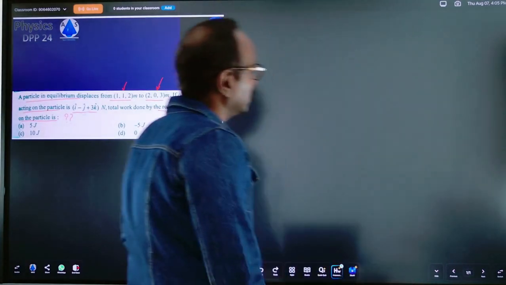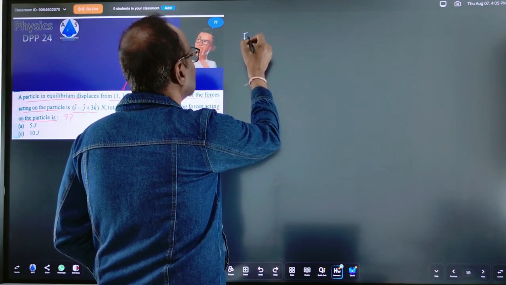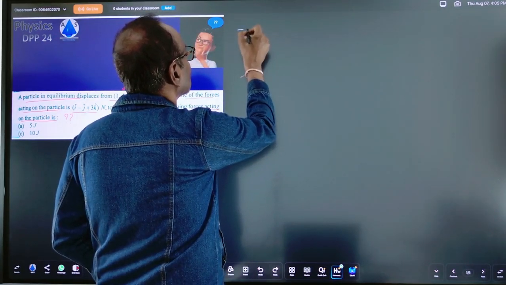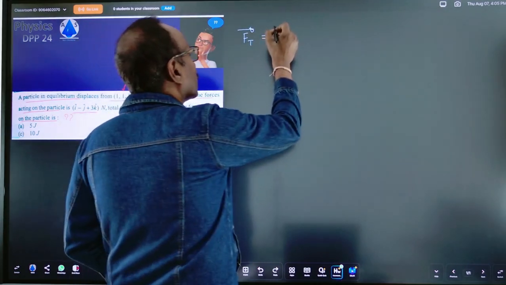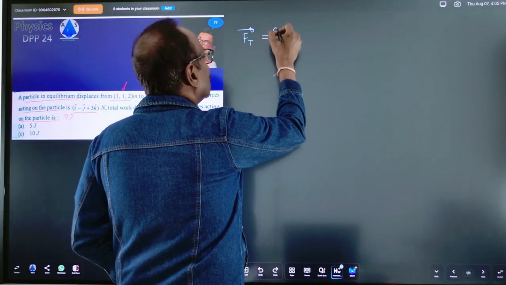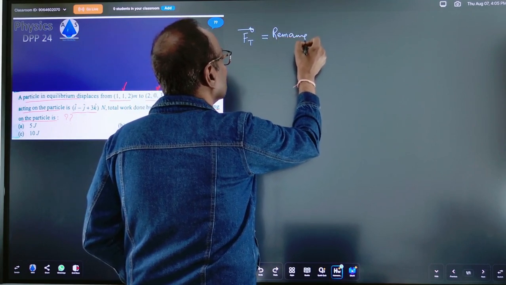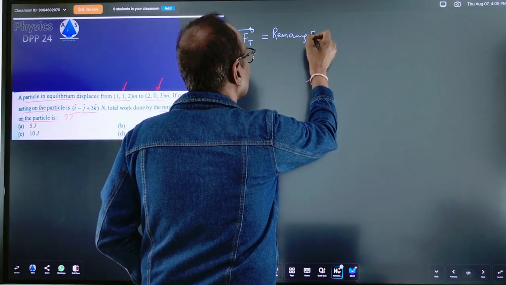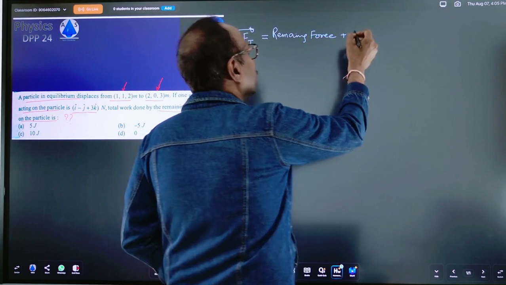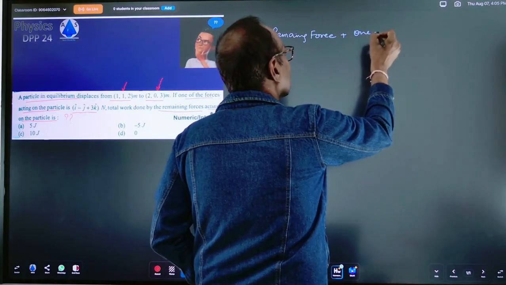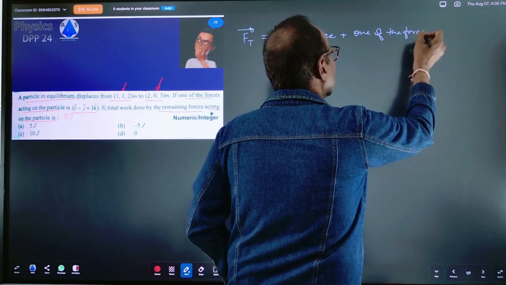So total force acting on the particle we can write like this: remaining force plus one of the force that is given in the question.